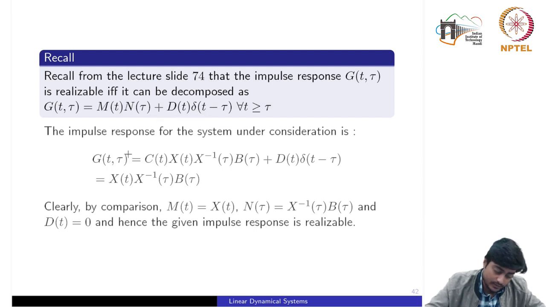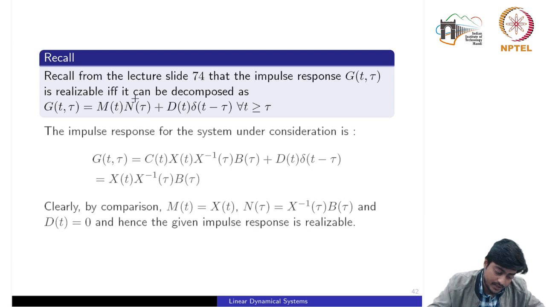So for this system, if I write the impulse response, I can write this one, where the C matrix you can assume as an identity matrix, and the D matrix can be assumed as the zero matrix. So the rest remains the same.